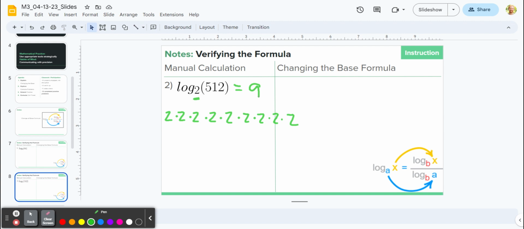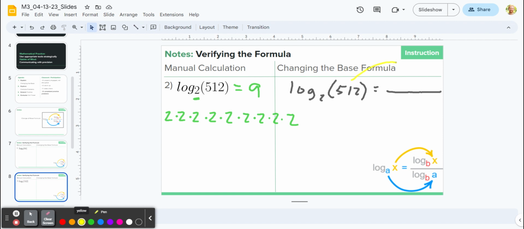But like we saw in that previous example, we can also knock this out with that change of base formula. And honestly, it's probably quicker in this scenario, log base 2 of 512. We can rewrite as base 10s, and this time I'm not even going to write the base because we know when the base isn't there, it's base 10.